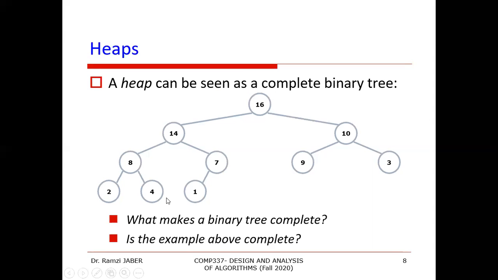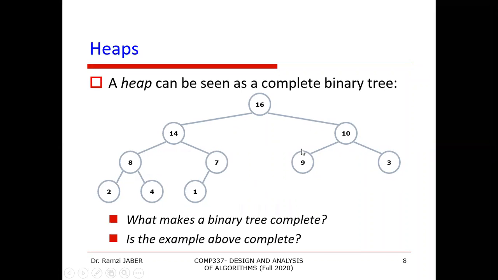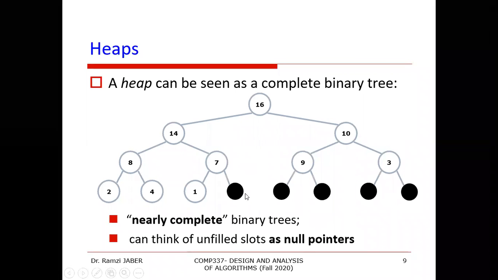Okay. What makes a binary tree complete? Is the example above complete or not? Is this tree a complete binary tree or is it missing something? It's not complete because it's missing children here, right? So we call it a nearly complete binary tree.